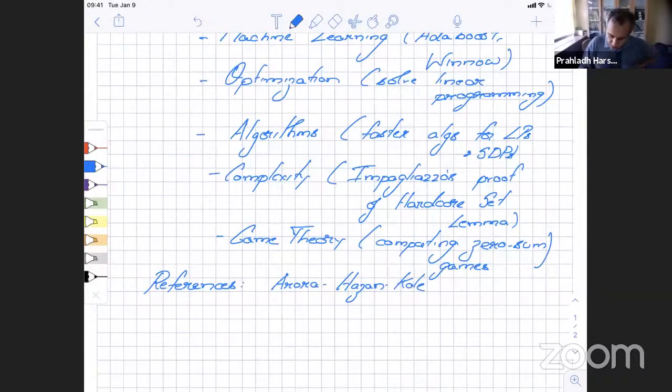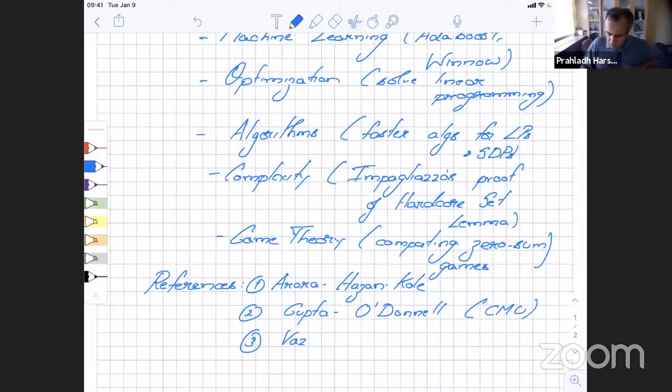But we'll also be following a couple of lecture notes by Anupam Gupta and Ryan O'Donnell, from CMU, and Vazirani and Rao from Berkeley.